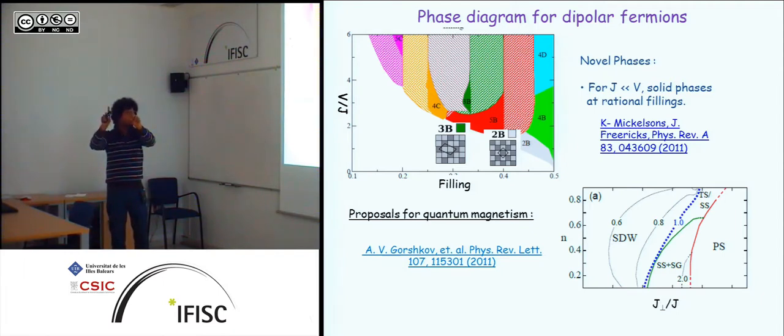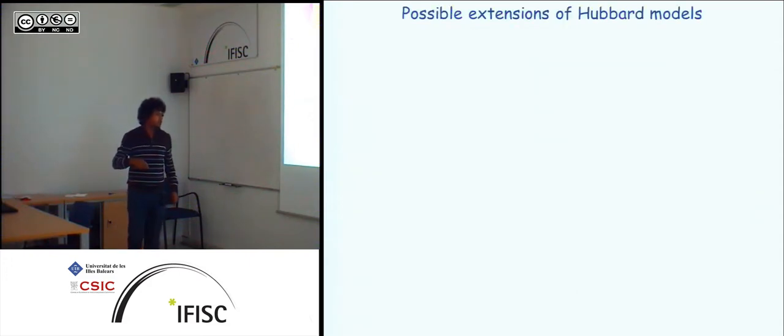By controlling this, you can map out some spin models. This was the proposal: by controlling these rotational states, you can get some kind of spin Hamiltonian which has charge density wave, phase separated or superfluid structures.